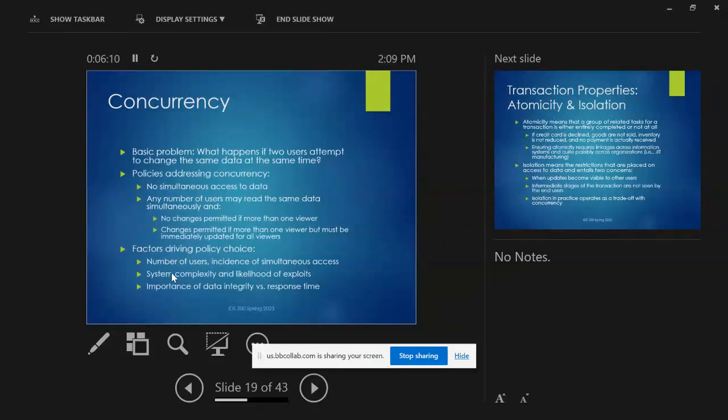Second, system complexity and likelihood of exploits, right? If you have a very complex system, even if it's a system designed by really smart guys that know what they're doing, complex systems tend to be vulnerable, right? People tend to miss things. And so if your system is pretty complex, or you otherwise feel that there's a good chance that somebody's going to find an exploit, right? So for example, suppose there's some stupid online game like some discount Angry Birds clone.